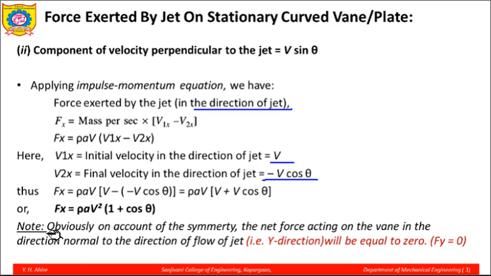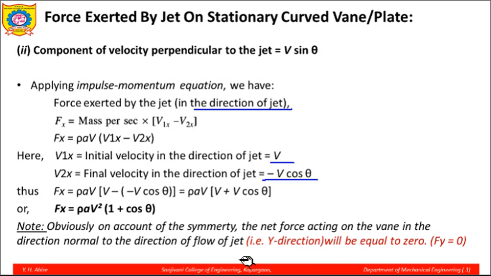So what you can note here is, on account of the symmetry of the vane about the x axis, the net force acting on the vane in the direction normal to the direction of flow of the jet, that is the y direction, will be equal to 0.